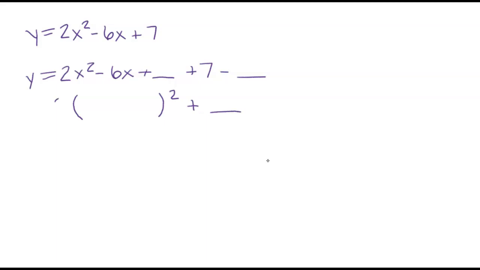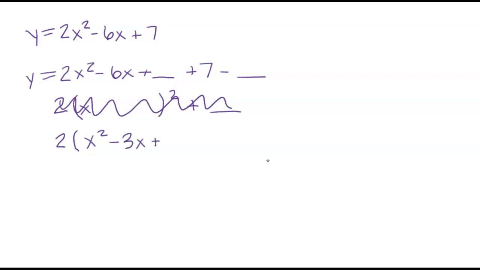Well, if I factor out a 2, I'm left with x squared minus 3x plus something, and then 7 minus something.